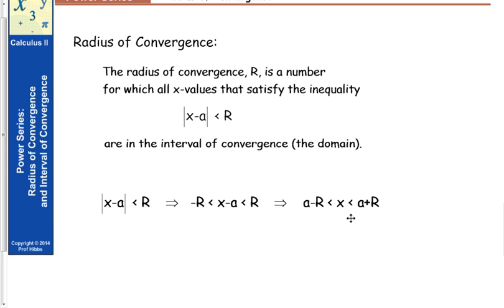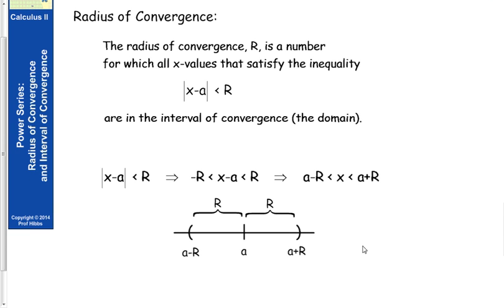So the interval of convergence is the set of all x's such that x is bigger than a minus R, the radius of convergence, and less than a plus R, again, the radius of convergence. So take the center and subtract the radius of convergence, take the center and add the radius of convergence, and it's the x's in there.